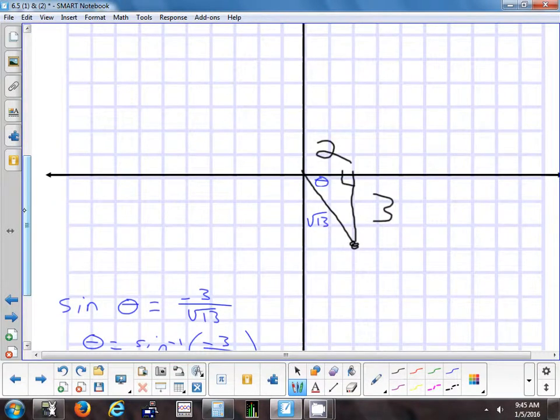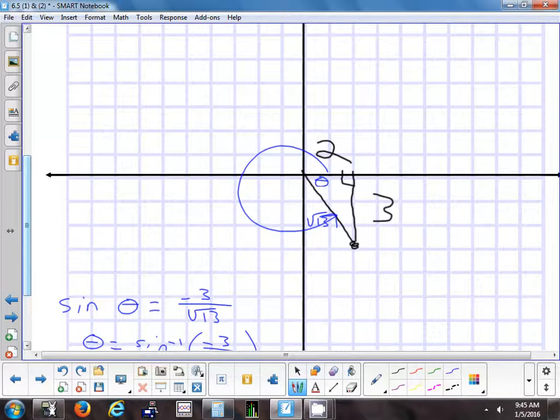Okay, now I'm in quadrant 4. That's what they want to know. Okay, so what would I do with my reference angle to find this arc in blue all the way around? Subtract from 360. Yeah. Theta is how much shy I am of going all the way around.